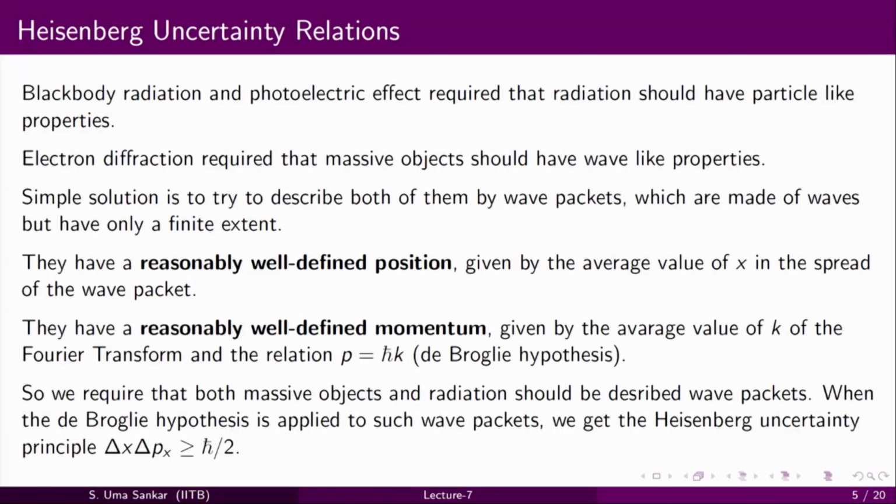So we have the best of both worlds, so to speak, and we make an attempt to describe these quantum objects, both radiation as well as electron, using wave packets.